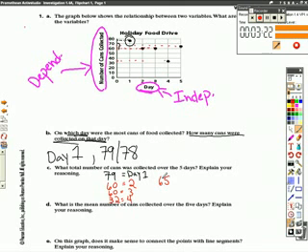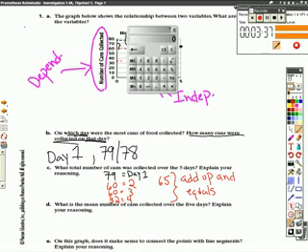So when I add all that up, and again, as long as I'm saying what I'm doing, it's okay for me to use a calculator for this.